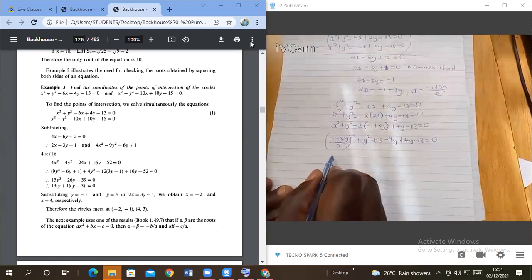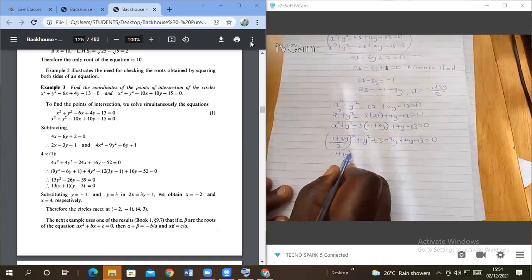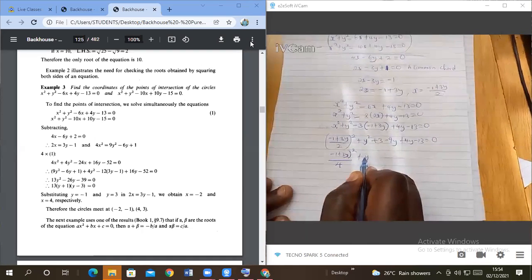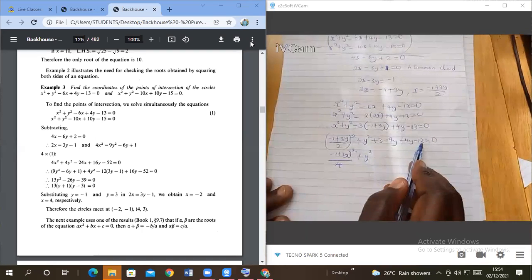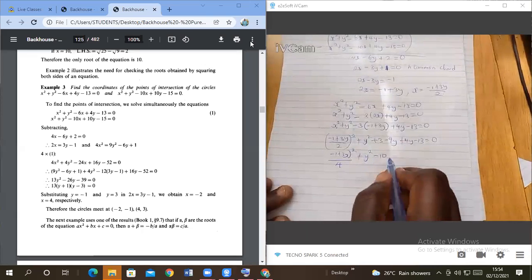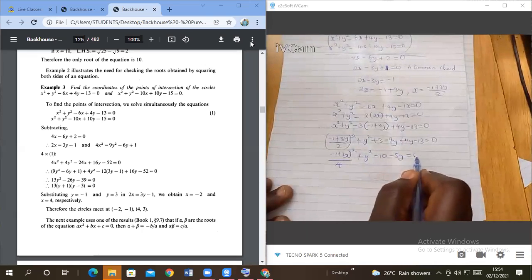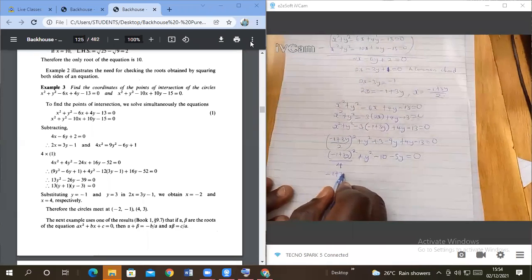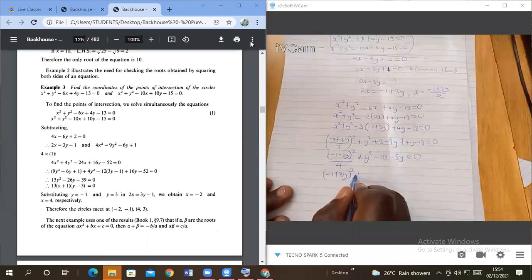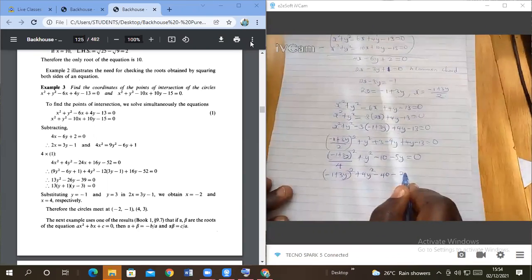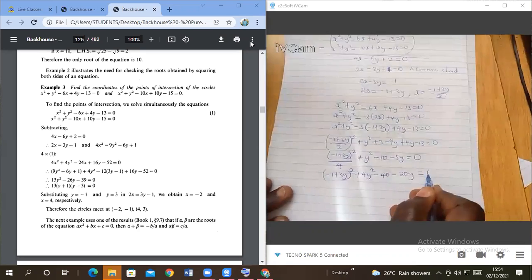So you have negative 1 plus 3y squared over the square of 2, which is 4, plus y squared. 3 minus 13 is negative 10, and negative 9y plus 4y is negative 5y, which should give us 0. So we multiply all through by 4: negative 1 plus 3y squared plus 4y squared minus 40, minus 20y should give us 0.